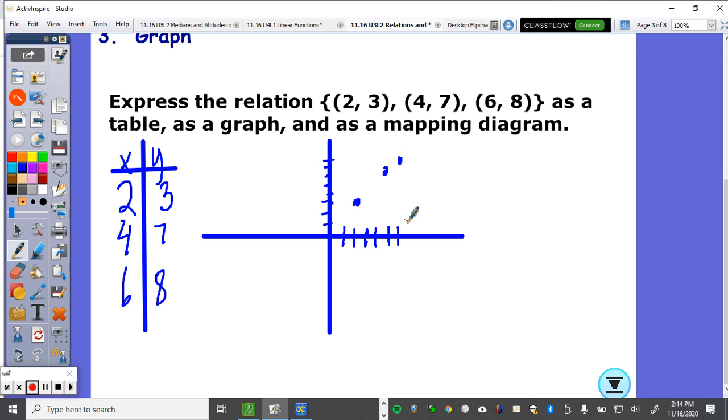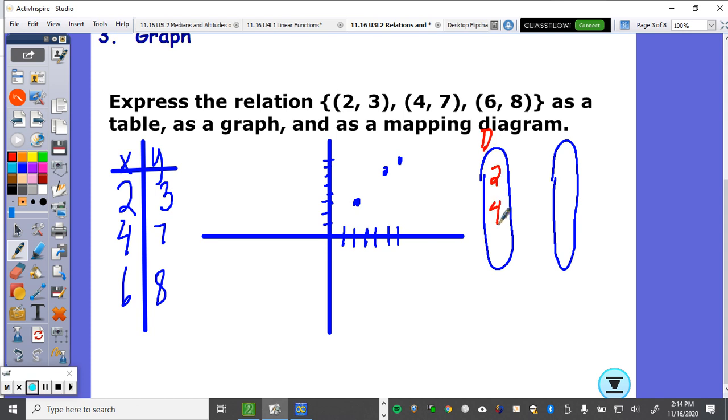And the third way, and this is one of the more important ones. We don't think about it as important, but it's going to be important when we decide whether or not this is a function or not. You can use circles. You don't have to use circles if you don't want to. My domain is 2, 4, and 6.